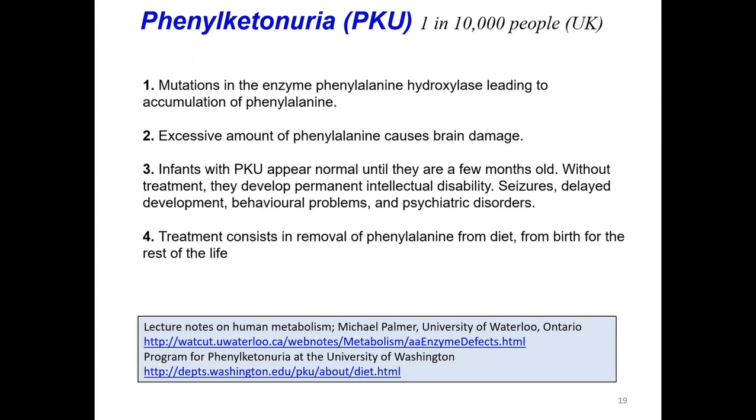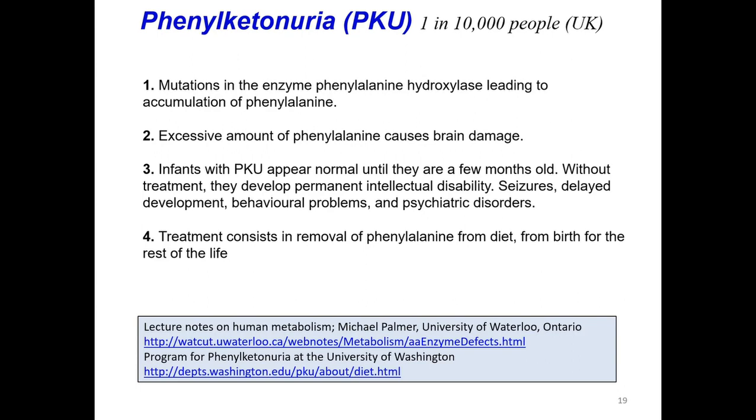And they won't be able to degrade the phenylalanine, and so phenylalanine will accumulate, and this will cause damage to their brain, and this kind of damage is irreversible. So people with PKU that aren't diagnosed at birth will go on to develop intellectual disability.